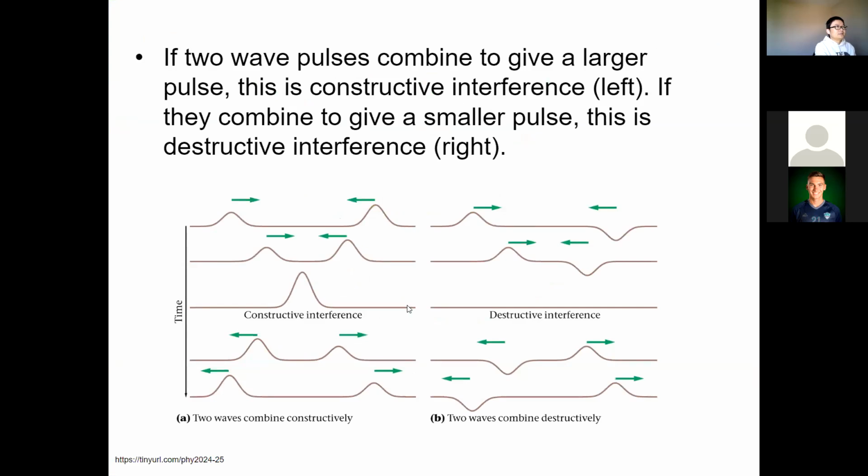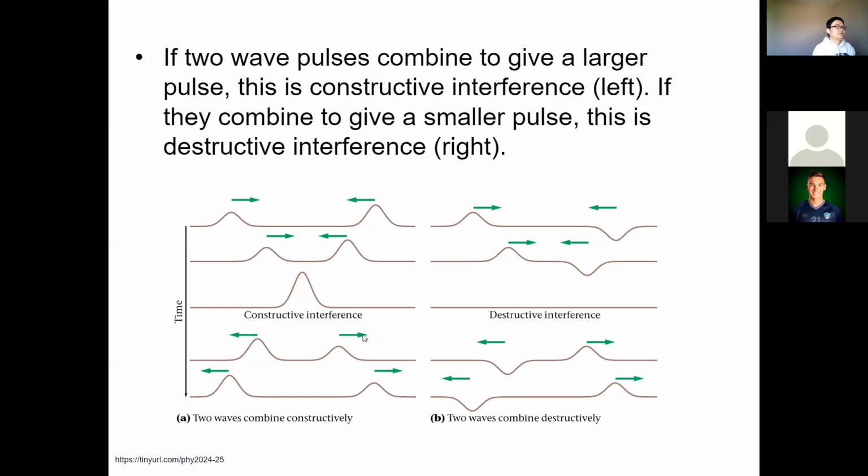Now, if the two waves are propagating in different directions, say one travels to the left and one travels to the right, and they meet in the middle, at the moment that they meet, they add up. After they meet, they just pass by each other as if nothing happened. They will just propagate as they did initially.